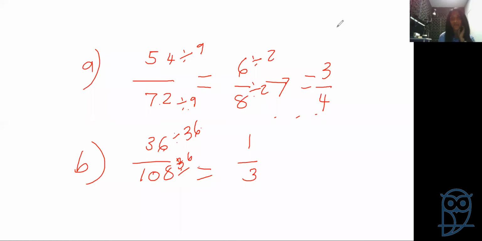Okay, now let's do some additions. Okay, so let's do adding. So we're going to say 3 over 11 plus 4 over 11. And what will our answer be? Firstly, guys, this is quite straightforward. We have a denominator that's the same.